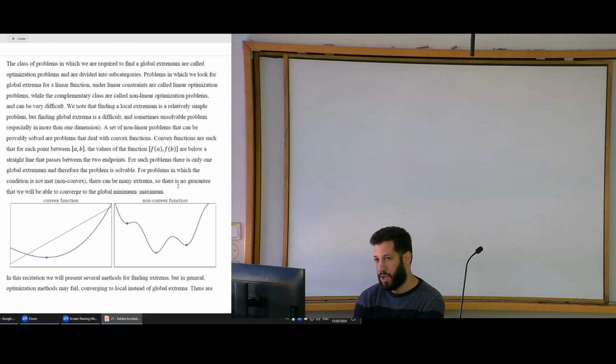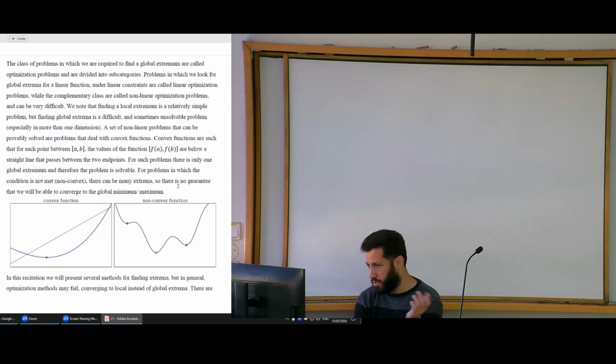So if we want to find a global minimum, it's called optimization. That's the name of it, optimization problem. And if the function that we optimize is linear in its variables, and there are some linear restrictions, we call this linear optimization.